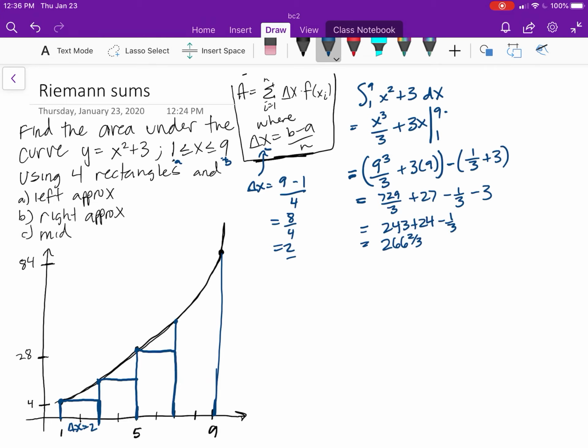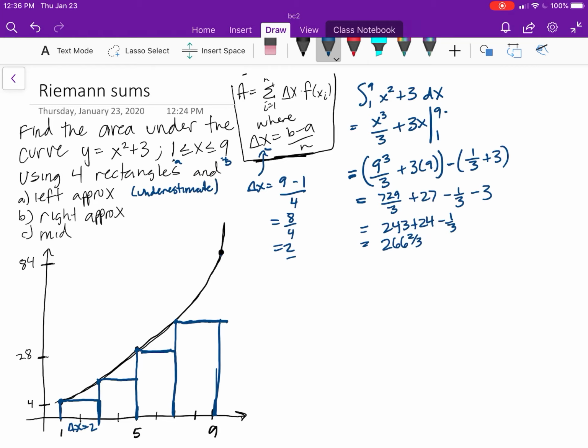Looking at this, we can see this is going to be an underestimation. We're missing the area of the graph between that parabola and the top of these rectangles. So I know a left endpoint in this case is going to underestimate the actual area.